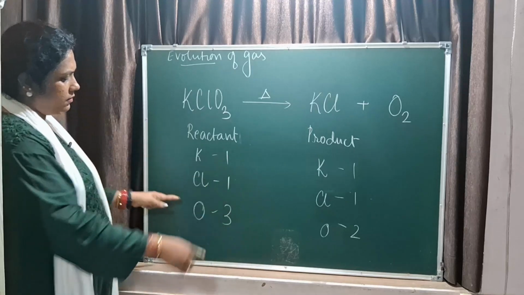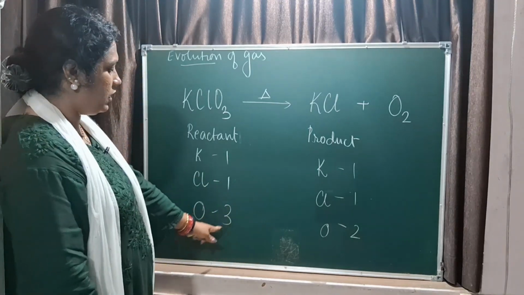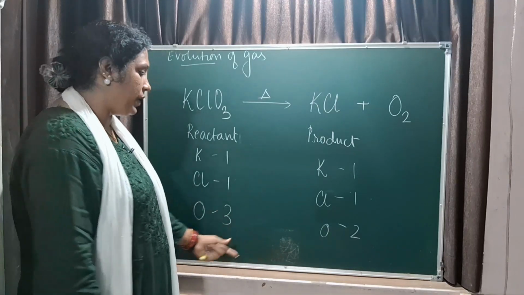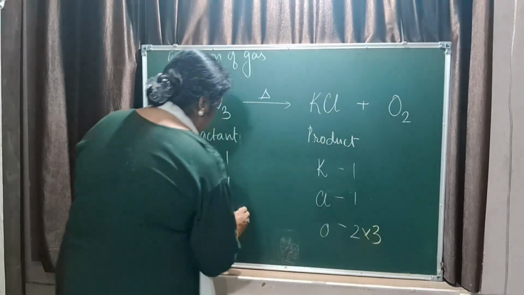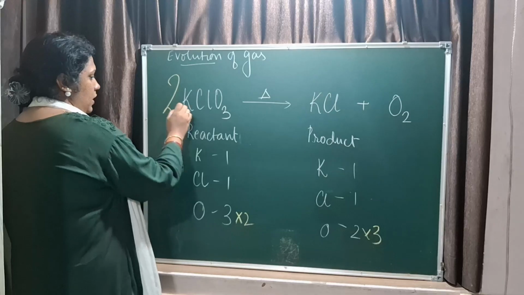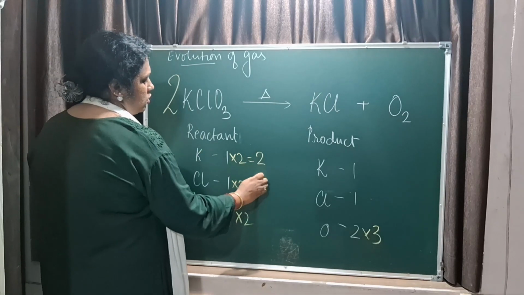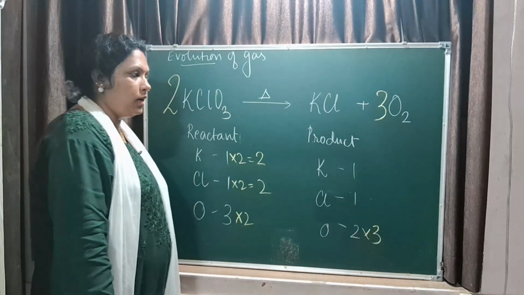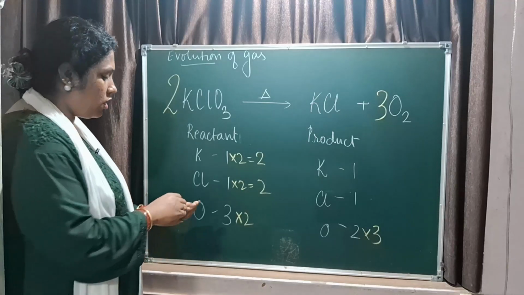Now let us see oxygen, because oxygen is the only atom which is not balanced. So for making 3 and 2 come to a same number, LCM is 6. So we have to multiply 3 here and 2 here. If I multiply 2 here, this becomes 2, this chlorine also becomes 2, and if I multiply 3 here, nothing happens, right? So now my potassium and chlorine is not balanced.